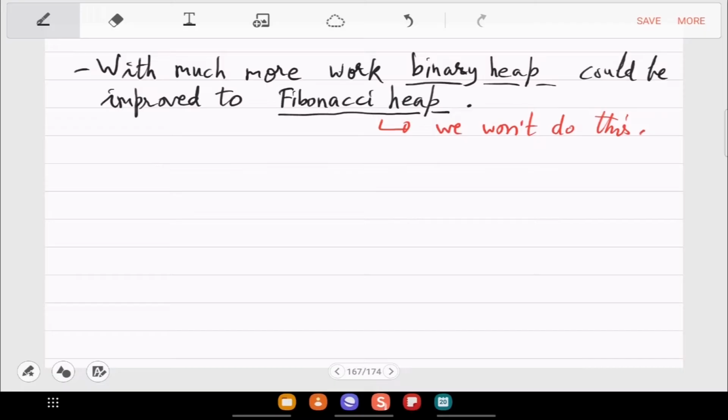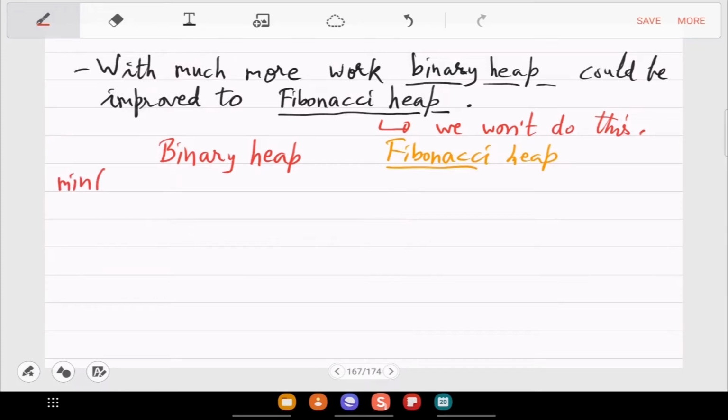So this is the comparison table. The min operation, insert operation, extract min, decrease key, and merge.